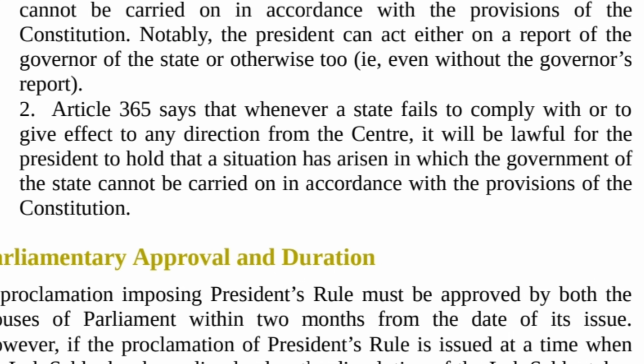Article 365 of the Indian Constitution provides that whenever a state fails to comply with any direction from center and if the President feels that the situation has arisen in which the state government cannot be carried on in accordance with the provision of the Constitution, he can proclaim emergency.